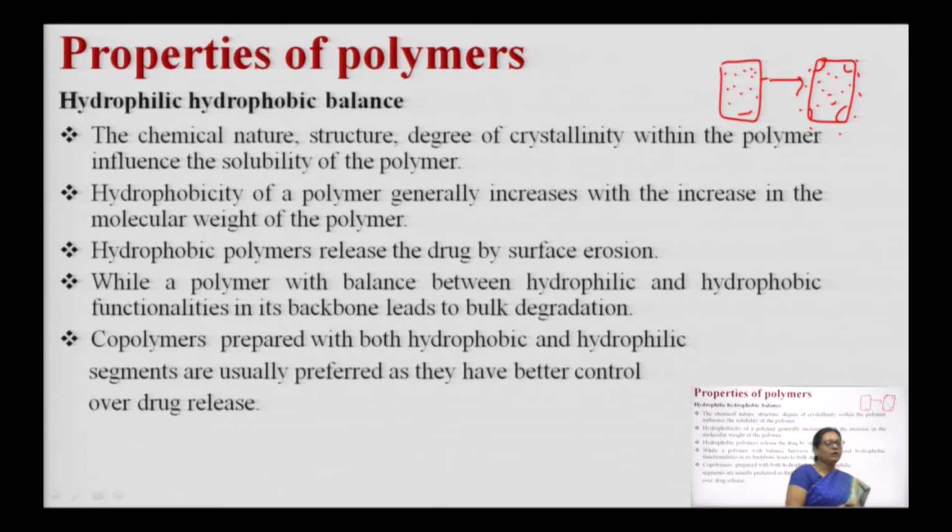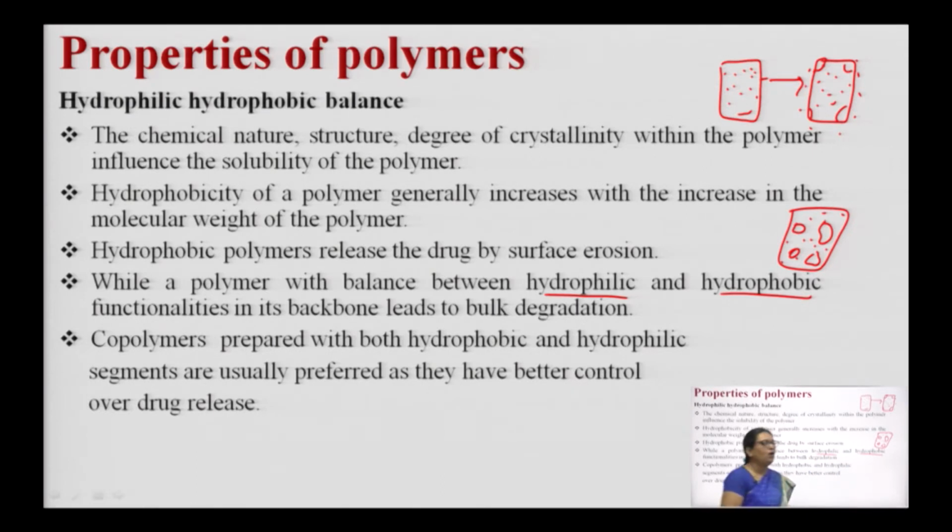Whereas, if a polymer has an appropriate balance between hydrophilic and hydrophobic groups, then it can lead to bulk degradation and higher rates of drug release can be obtained. Bulk degradation implies that the polymer matrix will degrade from inside and there will be large pores or channels created and higher rate of drug release can be obtained.